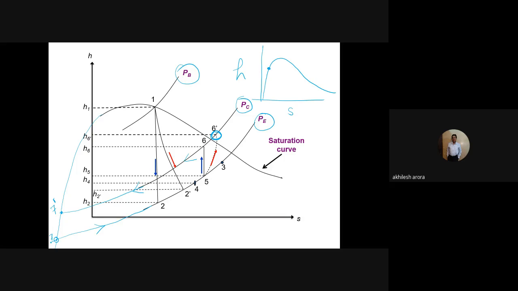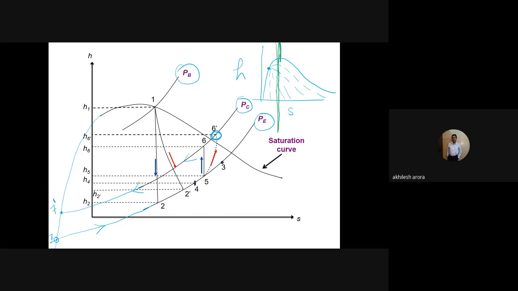This is the critical point, and these are the lines of constant dryness fraction. But actually, in the Mollier chart, the diagram is shown from this particular location here.